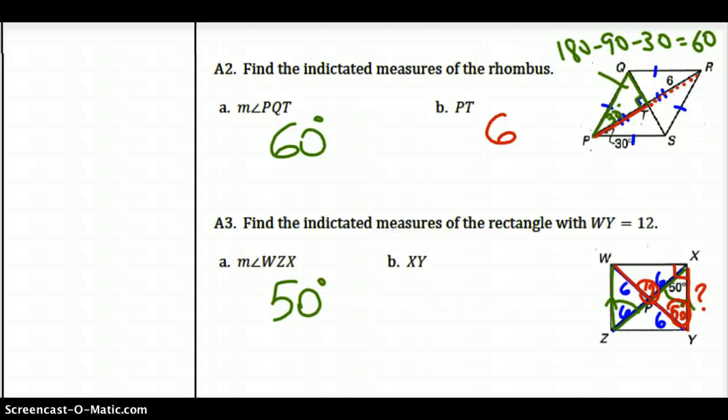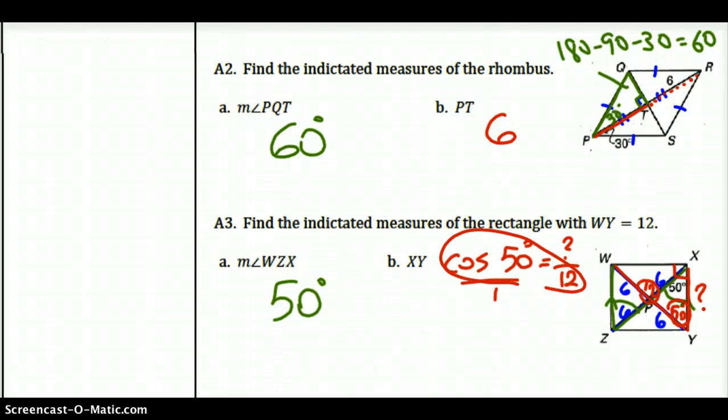That would be using cosine: cosine of 50 degrees equals question mark over the hypotenuse 12. It ends up being a normal SOHCAHTOA type problem. I'm going to take 12 times cosine 50 and divide by 1. To calculate that quick, 12 times the cosine of 50, and I get about 7.7.